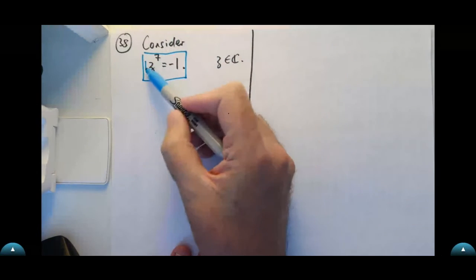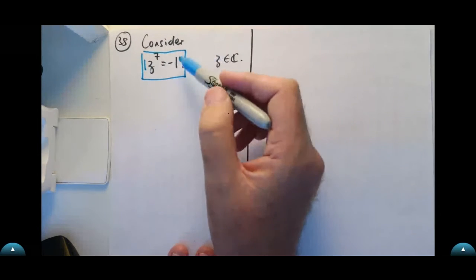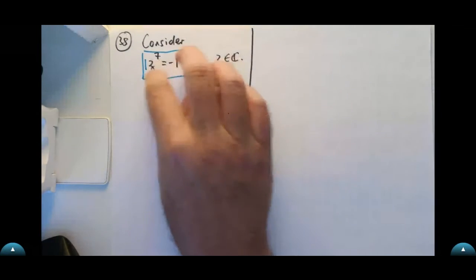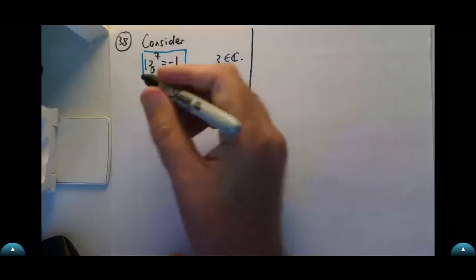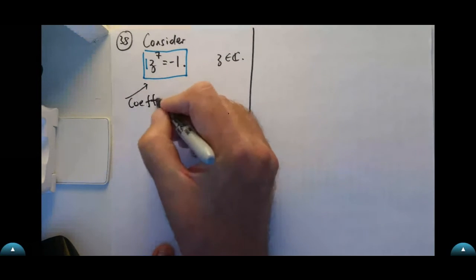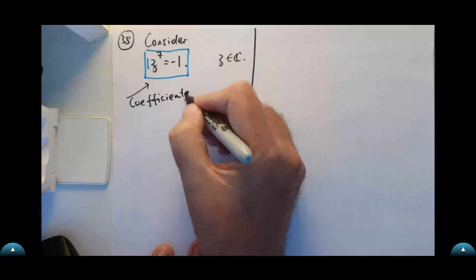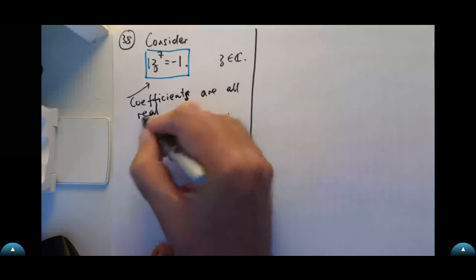The coefficients for the z's are all real numbers, and that's a real number. So what we would suggest in the form of our solutions is that these occur in conjugate pairs. Coefficients are all real.